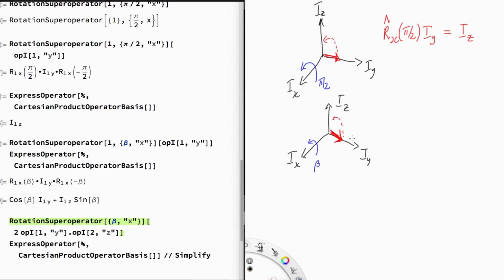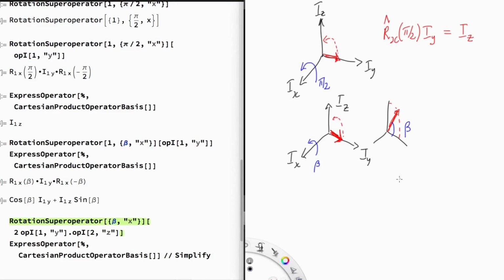And the end result is an angular momentum operator in the YZ plane, but at an angle beta from the y-axis.